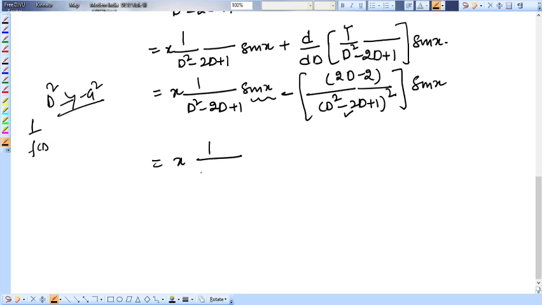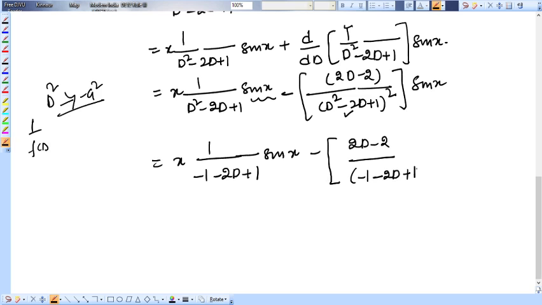So we can write minus 1 minus 2 plus 1, sin x, minus (2D minus 2) divided by (D square minus 2D plus 1) whole square, sin x, right?